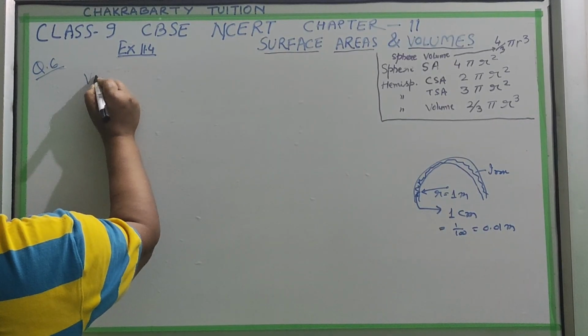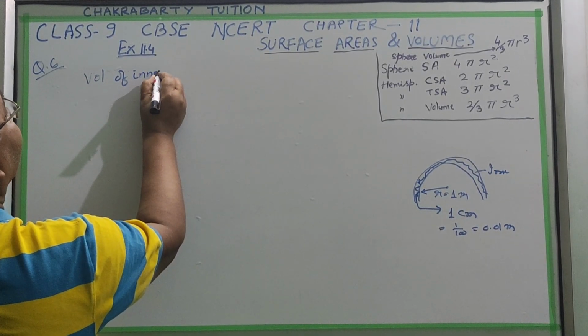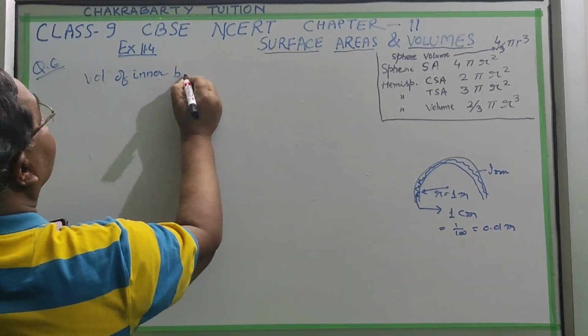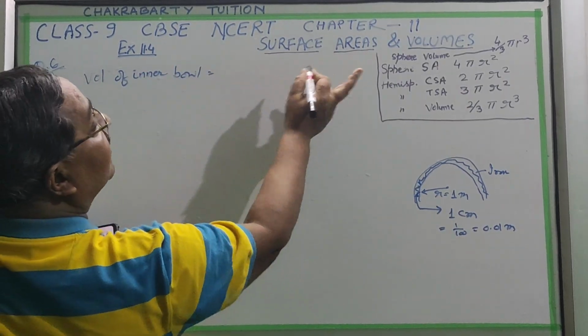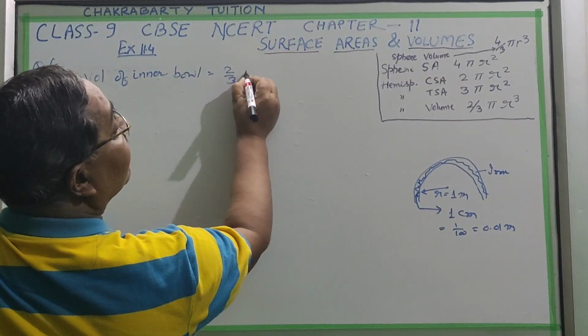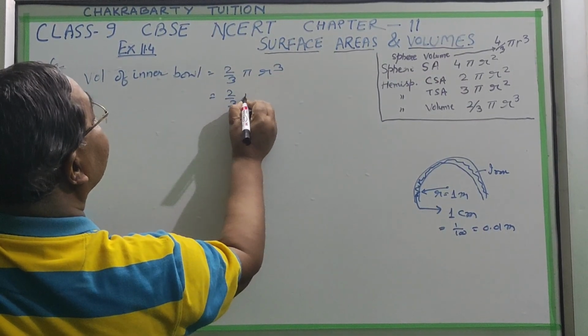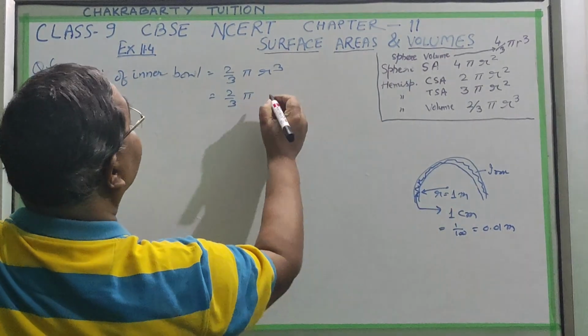So volume of inner bowl is equal to, it is hemispherical, so 2 upon 3 pi r cube is equal to 2 upon 3 pi, and r is equal to 1.